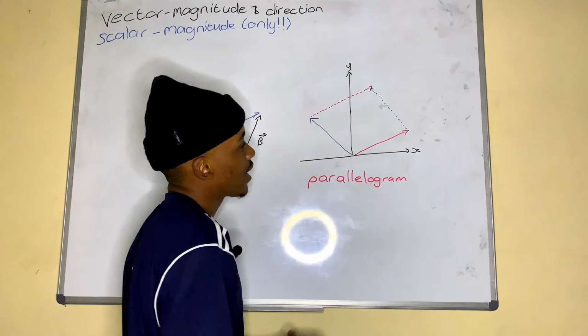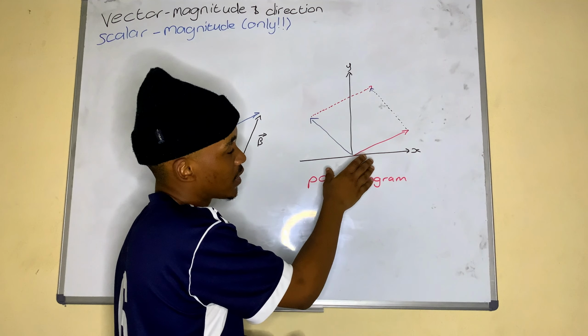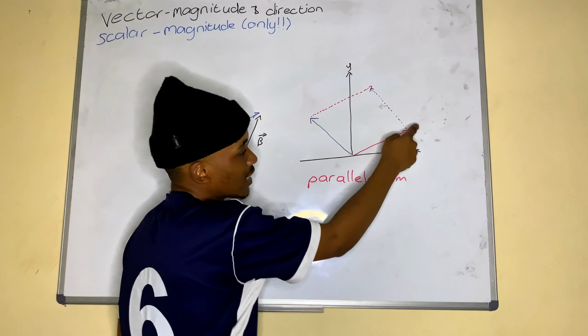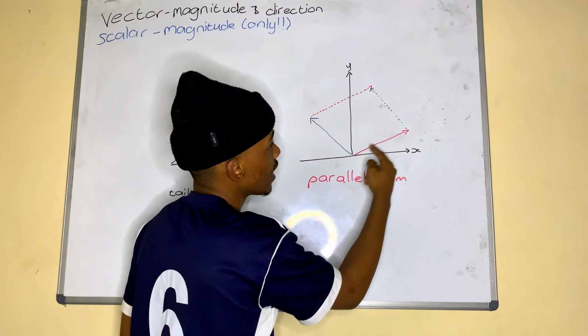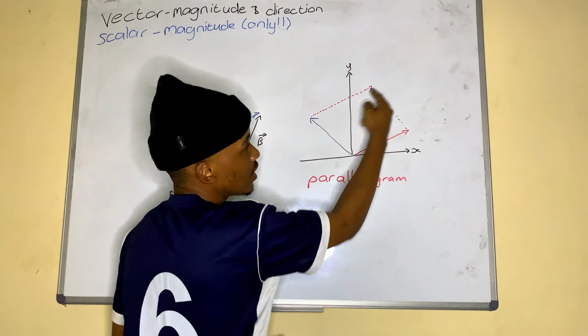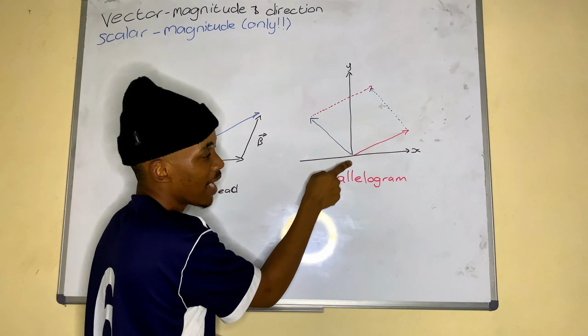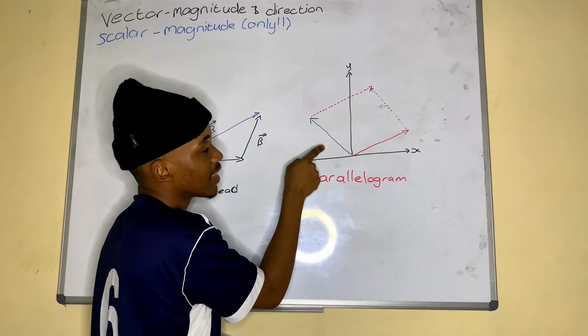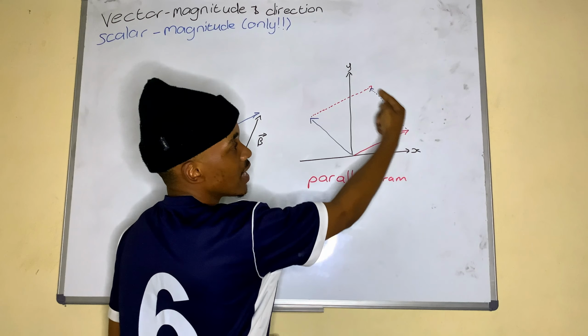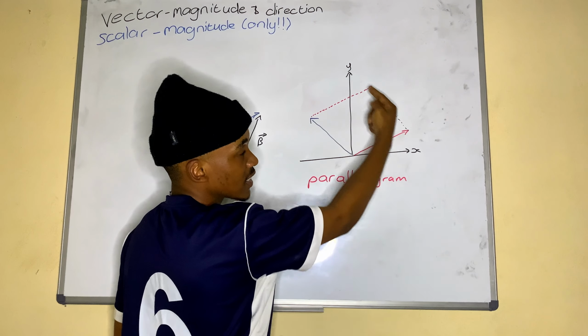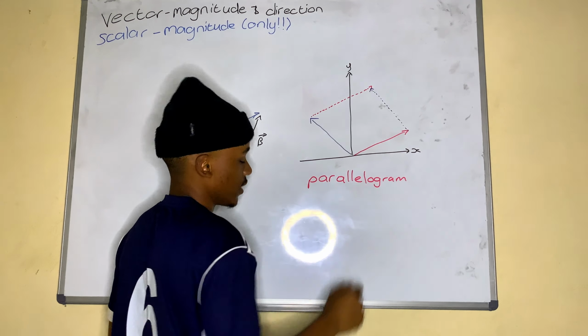We've completed a parallelogram using these two vectors such that the magnitude or the length of this vector is equal to the length of that vector, and they both lie in the same direction, and the magnitude of this vector and the length of this vector is equal to the direction and the magnitude of that vector.